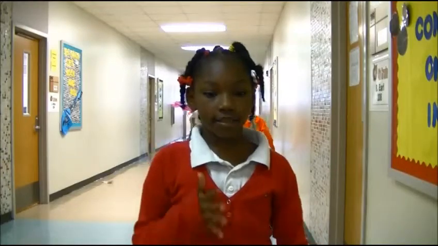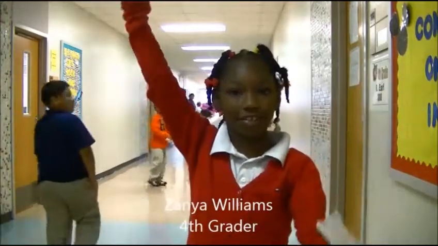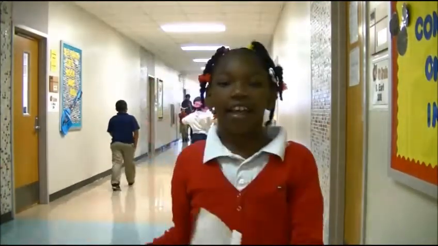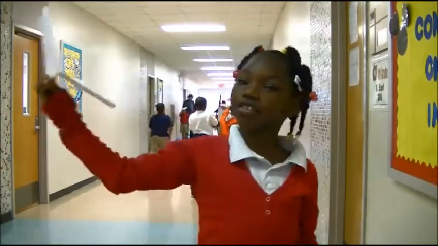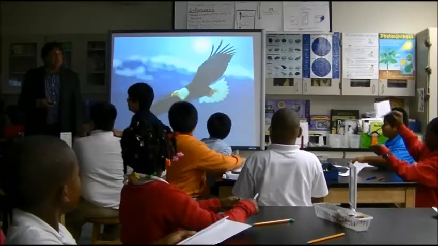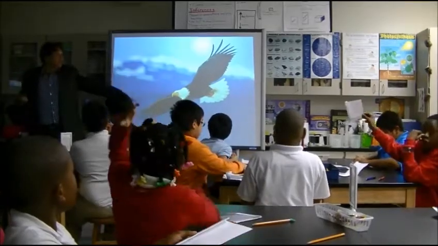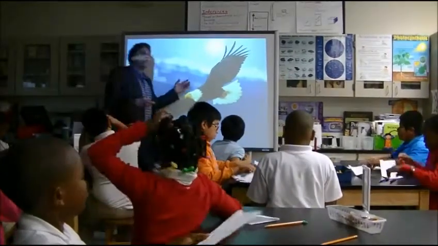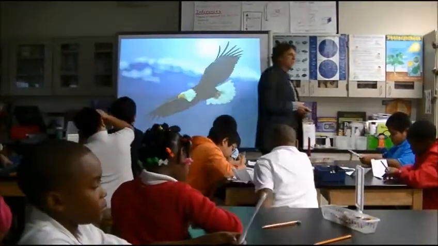Well, he taught us today that more weight, the more it goes up. Less weight, the more it goes down. But equal, it goes straight. Yeah, so we just kind of flew and soared, because remember, the same thing applies to eagles flying.